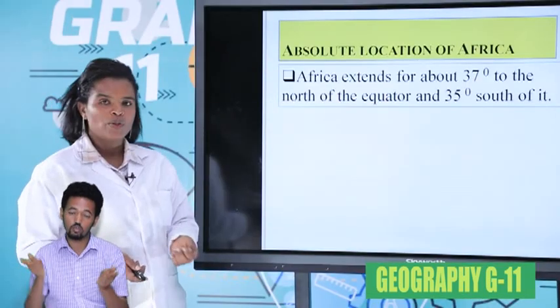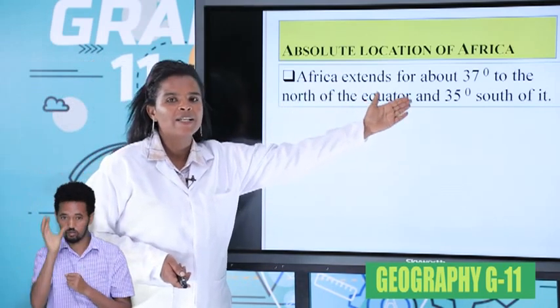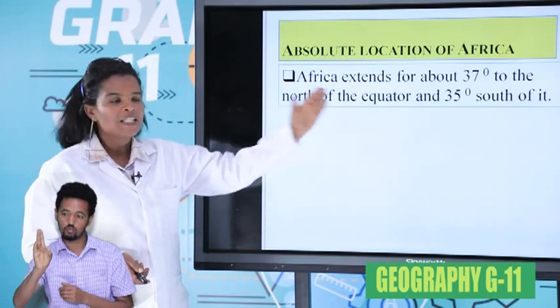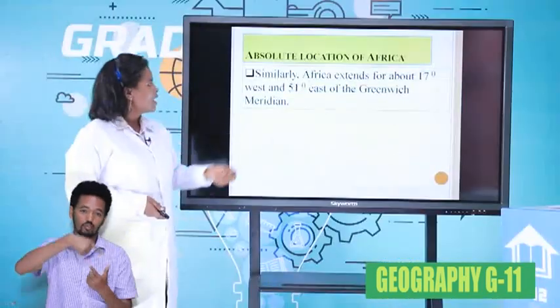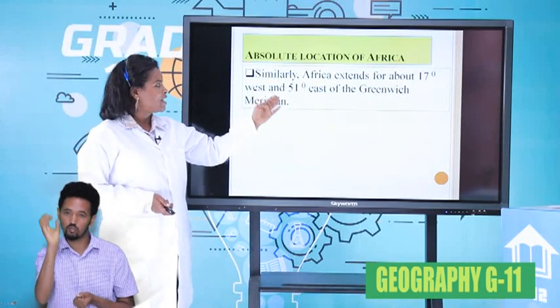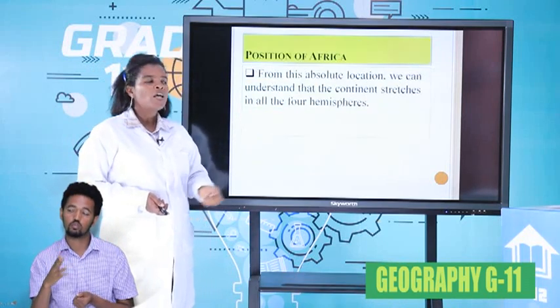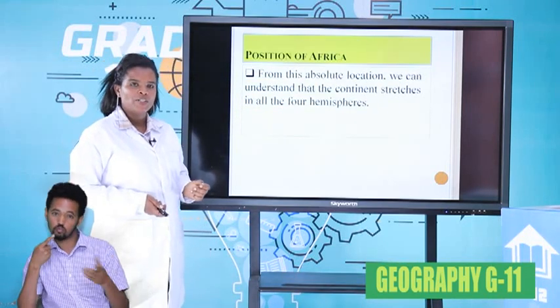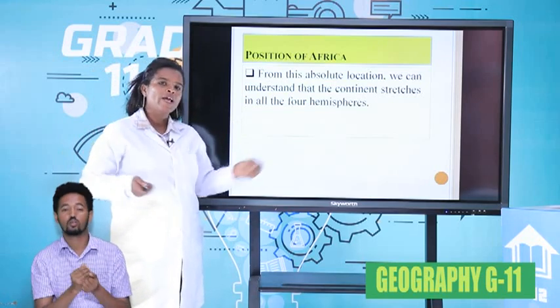Africa extends for about 37 degrees north and 35 degrees south of the equator. Similarly, Africa extends for about 70 degrees west and 51 degrees east from the Greenwich meridian. From this absolute location, we can conclude that Africa stretches in all hemispheres.